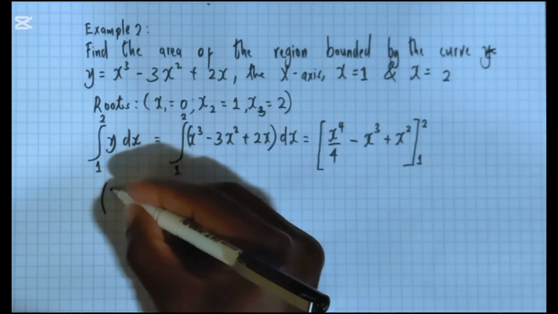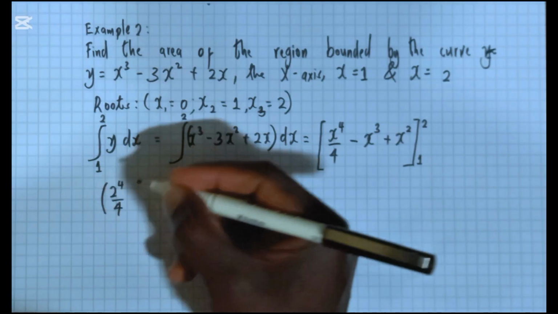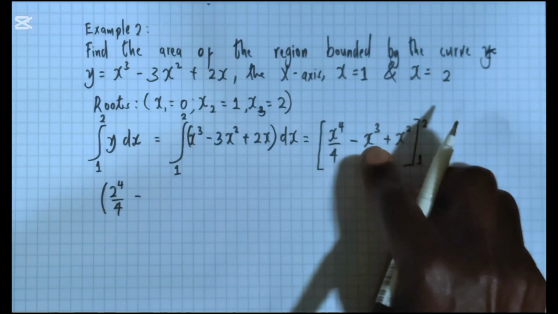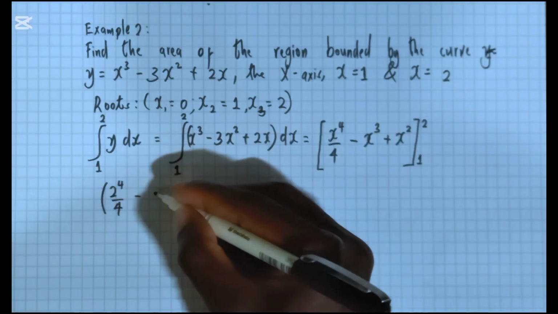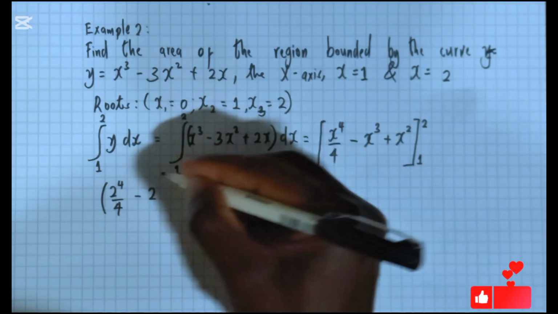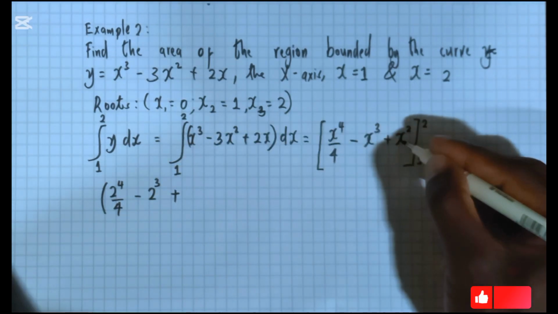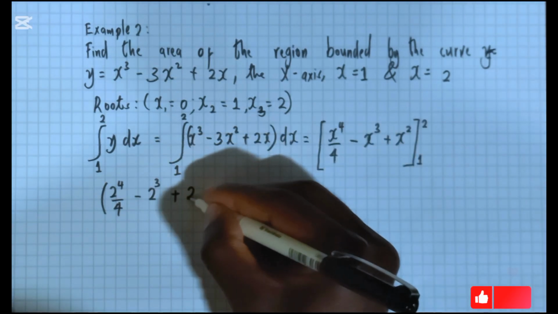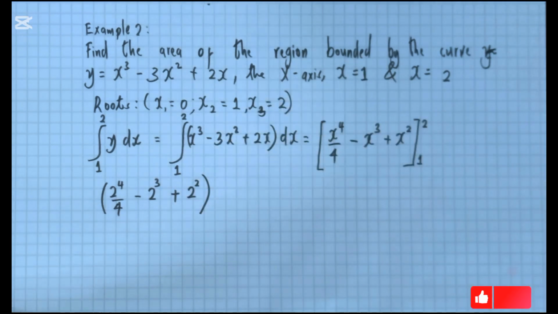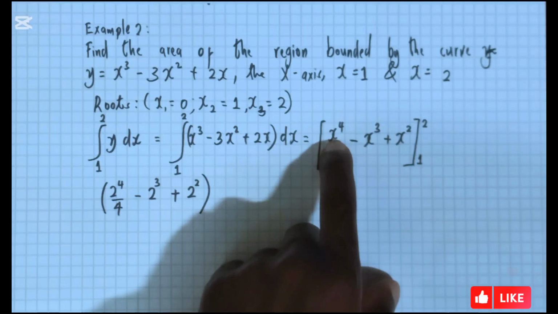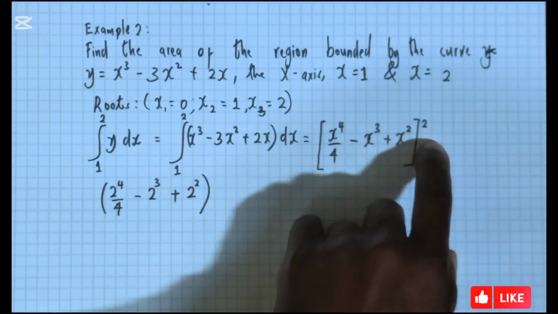So it's going to be 2 raised to 4 all over 4, minus 2 raised to 3, plus 2 squared. Notice that any place we had x, I replaced that x with 2. That is the upper limit.